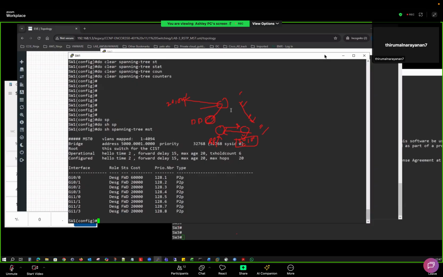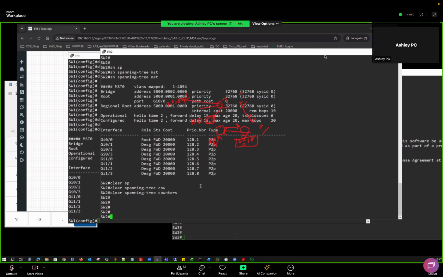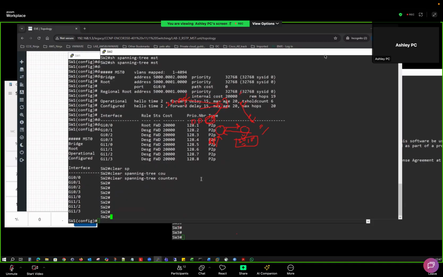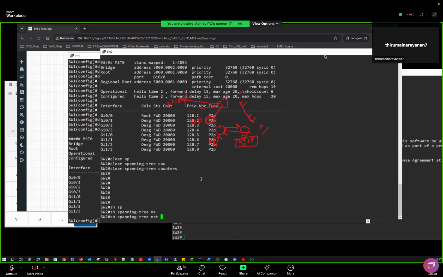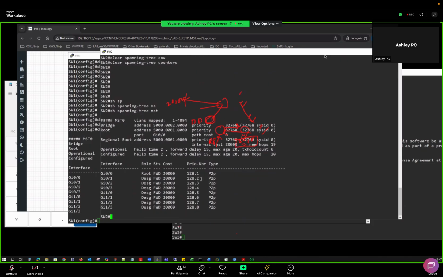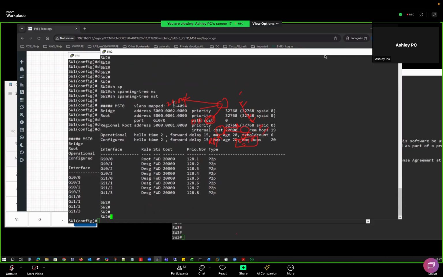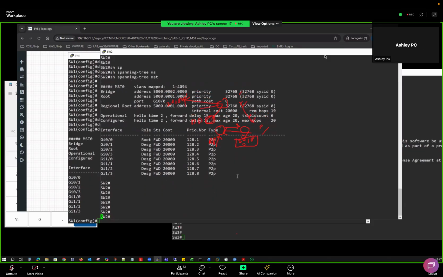Yes, sir. So now if I'm going to the switch 2 and I'm going to say spanning tree MST, what is it saying, guys? I want to clear the thing.